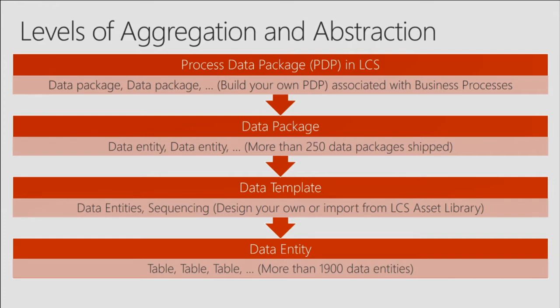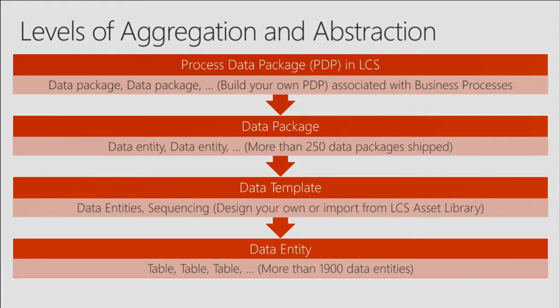On top of a data package, we have the concept of a process data package. So again, we're going higher level in abstraction. We like our implementations to happen from a business process point of view. So you would start by configuring anything related to procure to pay, then maybe warehouse management, then you'd configure your bank accounts or system data and so on.